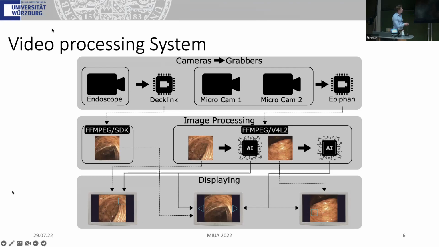And those micro cameras are also grabbed with an Epiphan grabber. And from there on, we're going to the AI and doing the predictions. And when the predictions are done, as you can see in the image before, we're then displaying the arrows to show where polyps actually are and where the endoscopist has to move forward.